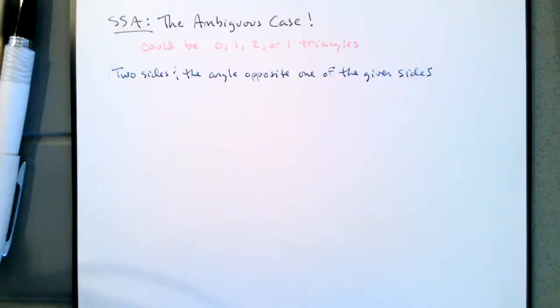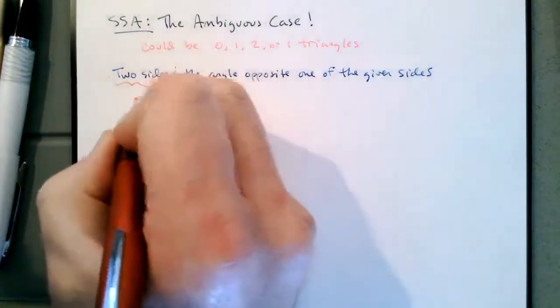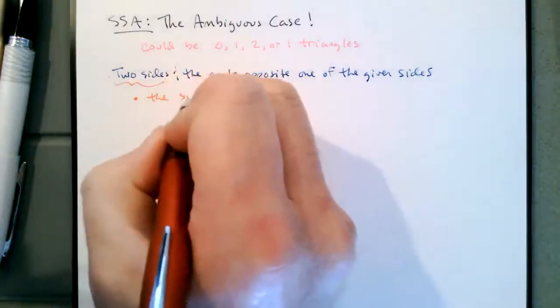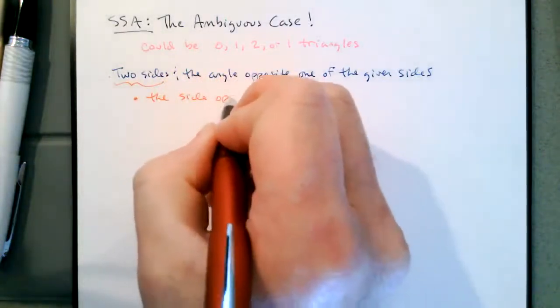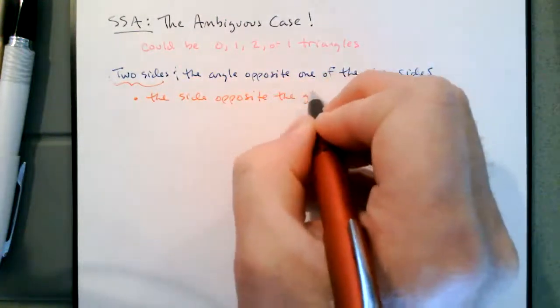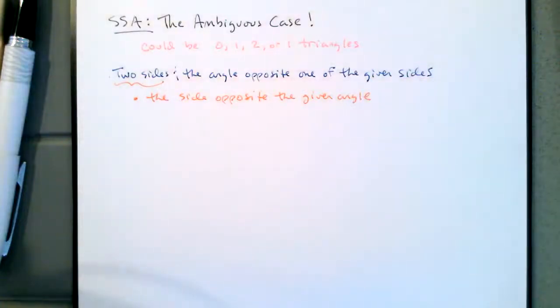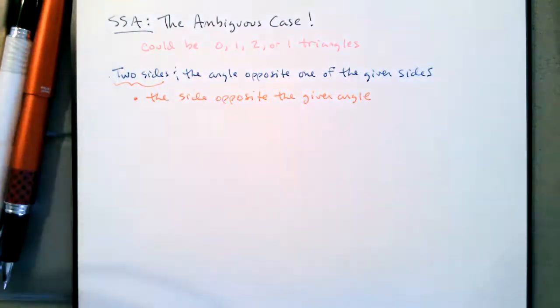So I'm going to name the two sides. One of the sides is the side opposite the given angle, and then we have the other given side.